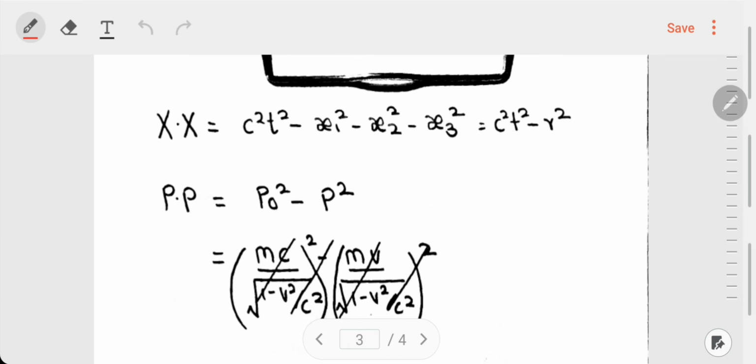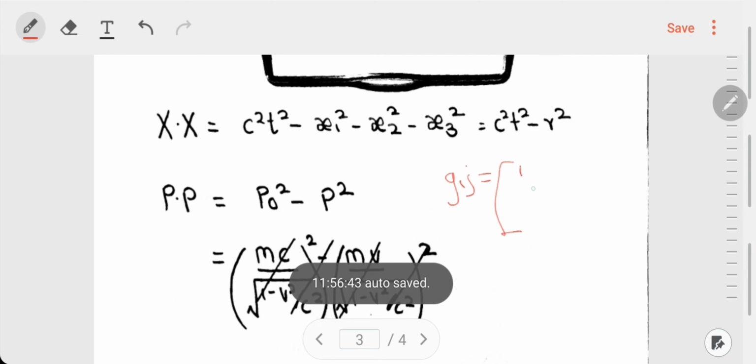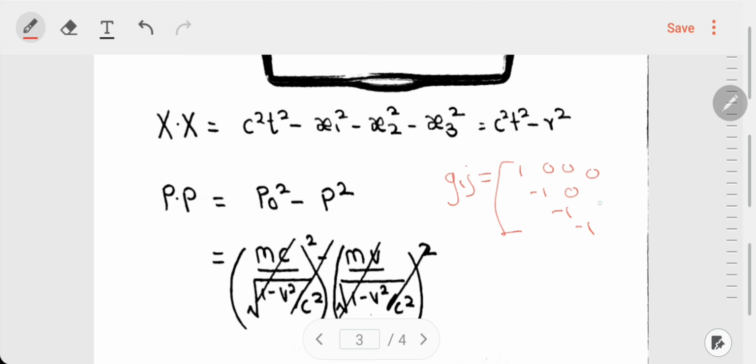Okay, now in the last lecture, we studied something about the metric, which was given by g_ij, and here the metric is 1, minus 1, minus 1, minus 1. We saw this, and the other terms are 0.